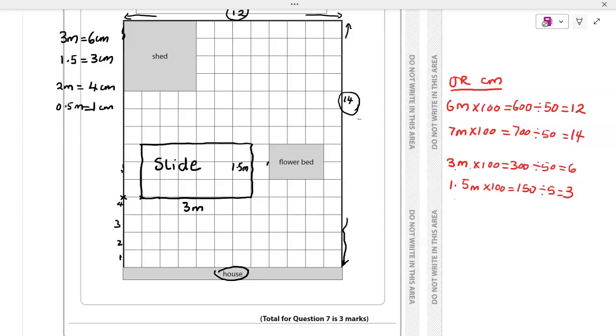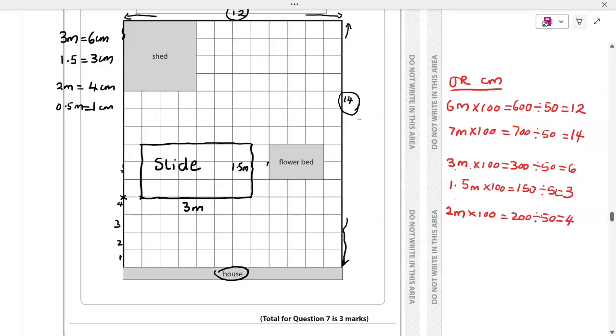So you do the same thing for 2 meters times 100, which will give you 200. If you divide by 50, that will give you 4.